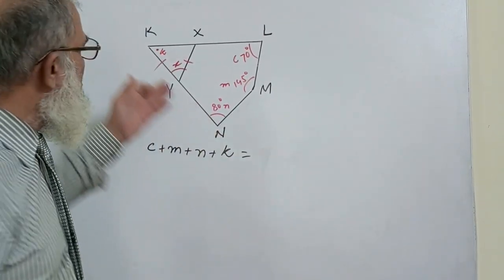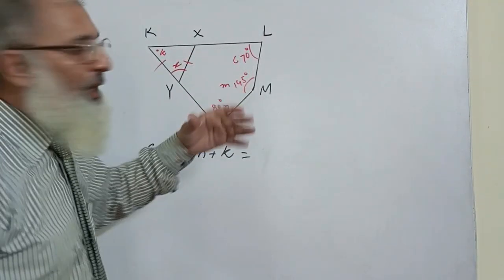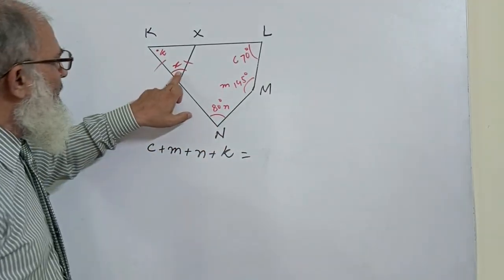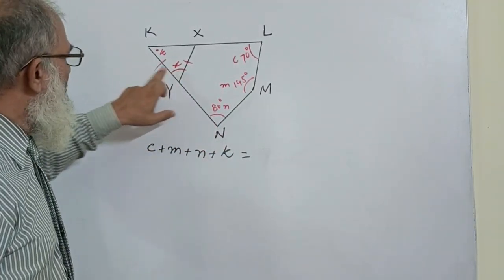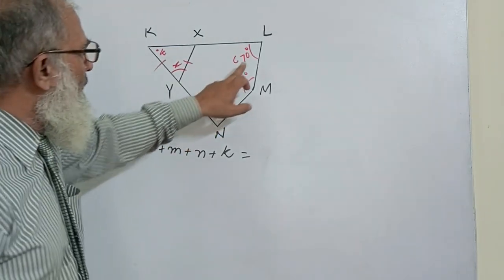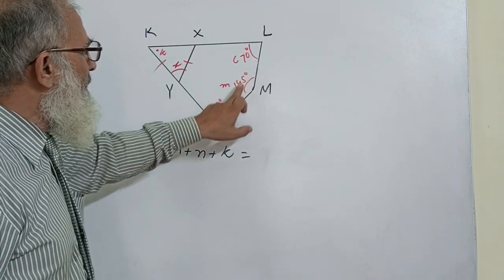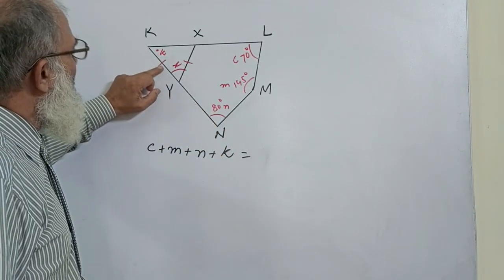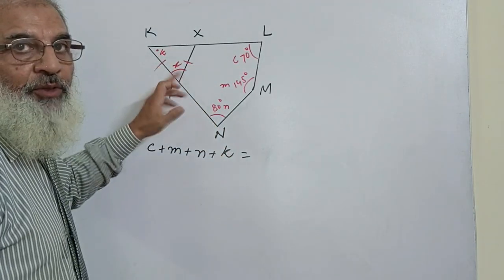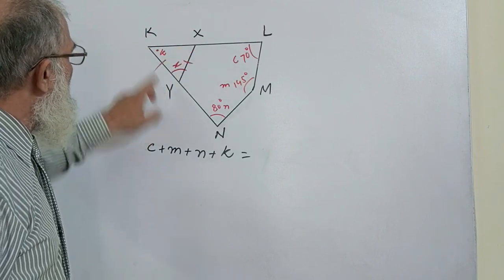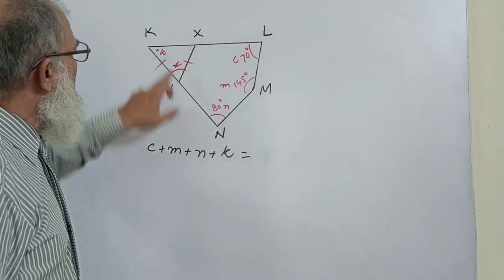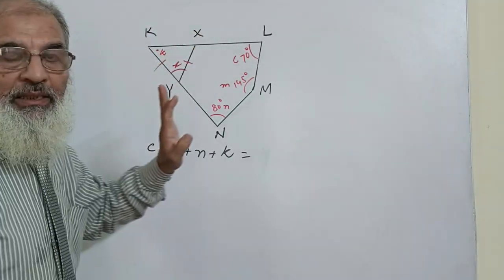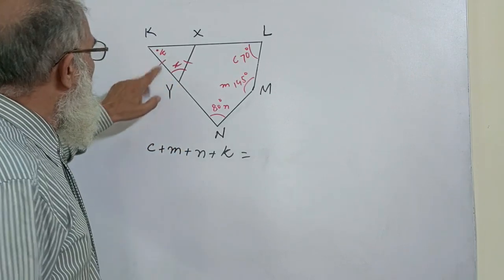So dear students, this quadrilateral is given and we have to find this angle X. The clues which were given are 70 degrees, 145 degrees, 80 degrees, and these two short lines, which means that this triangle with K, X and Y is an isosceles triangle.